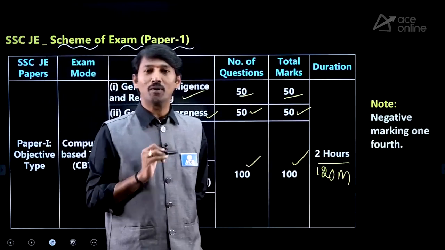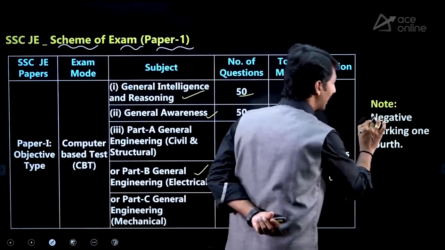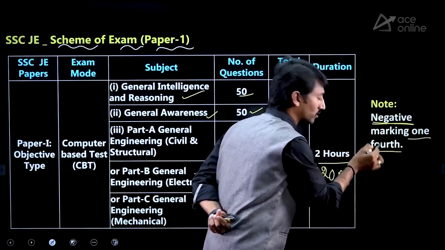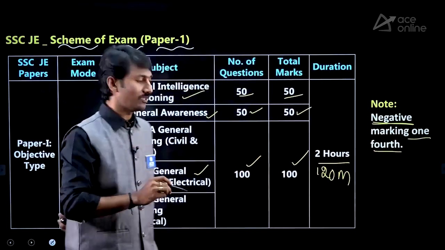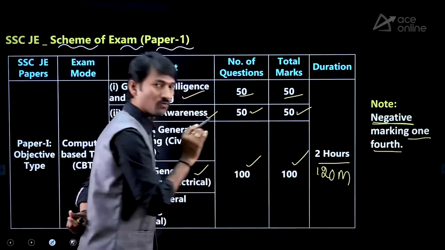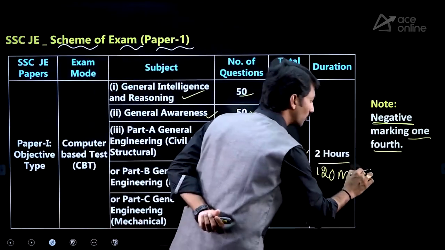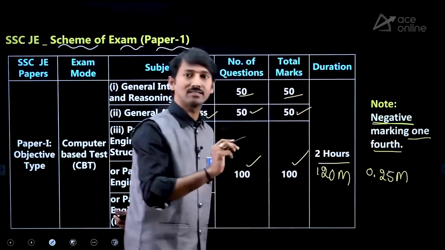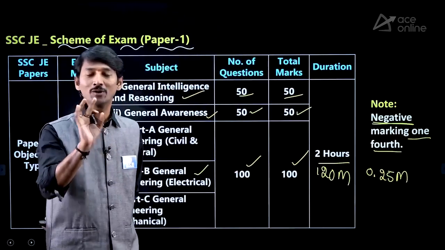A very important piece of information is that negative marking is there. Negative marking is 1/4 of the mark. One question carries 1 mark, so 1/4 means you will have 0.25 mark as negative mark if you answer wrongly.